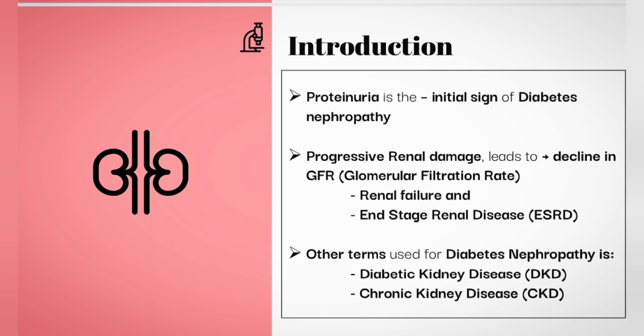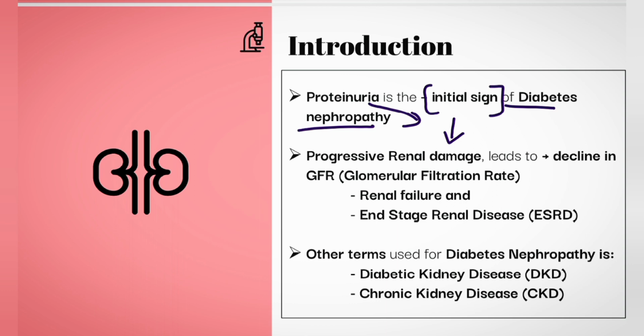In a patient with diabetic nephropathy, proteinuria, meaning secretion of protein in the urine, is one of the initial signs.